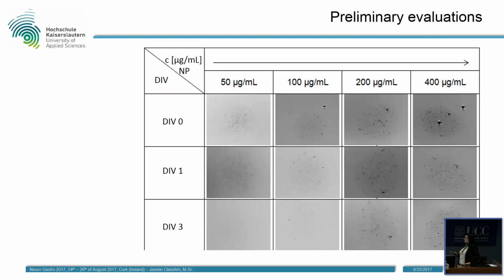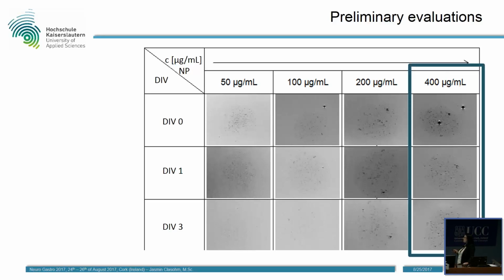In our preliminary evaluation, we of course needed to find a working concentration of these nanoparticles, and as you can see in this image, when we incubated our single cells from the neurospheres with a concentration of 200 micrograms per milliliter or 400 micrograms per milliliter culture medium, we can detect them in the MRI for several days.